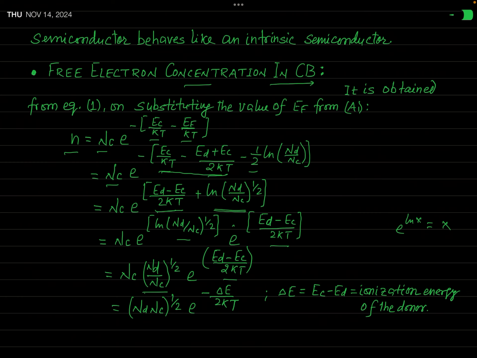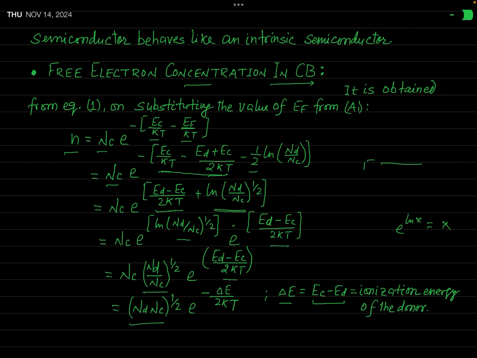Okay. Now this Nc to the power half in denominator will cancel out and your result will be Nd times Nc whole to the power half times exponential minus delta E by 2kT. Here delta E has been written for Ec minus Ed.